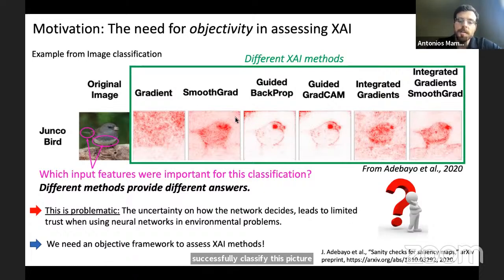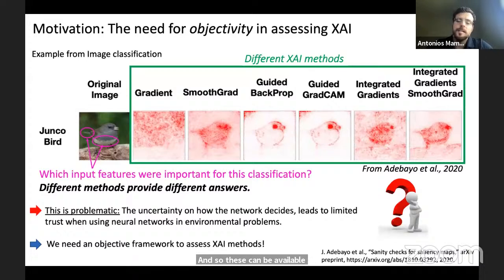There's no need to know the actual details of each method shown here, but the point I'm trying to make is that applying different methods can lead to vastly different answers. For example, here you can see that some methods highlight the eye of the bird as an important feature, whereas some other methods highlight different features over the body of the bird as important for this classification. And so this can be very problematic.